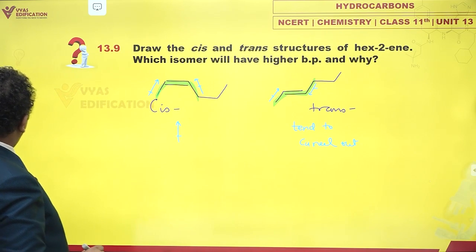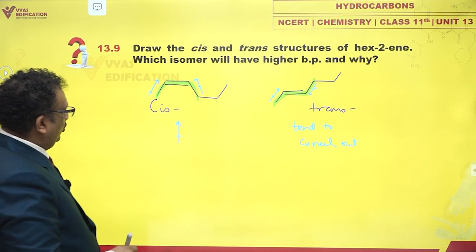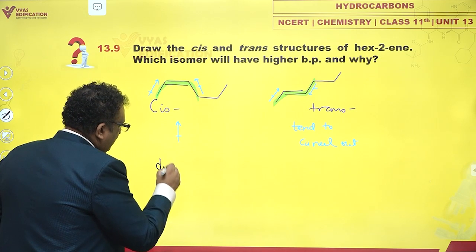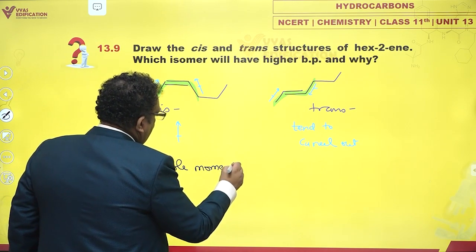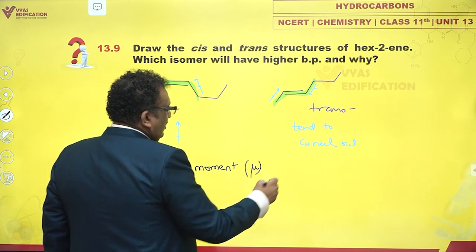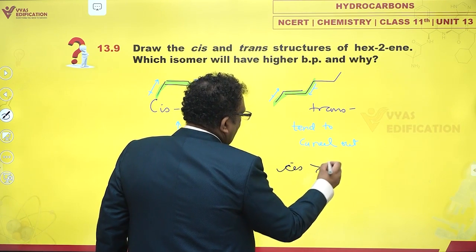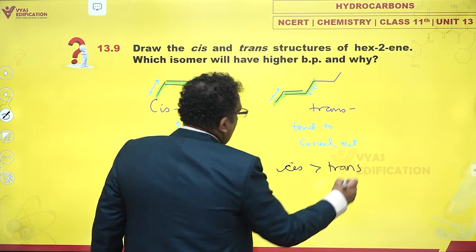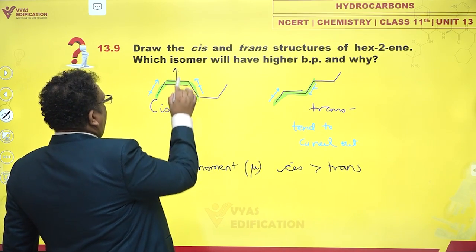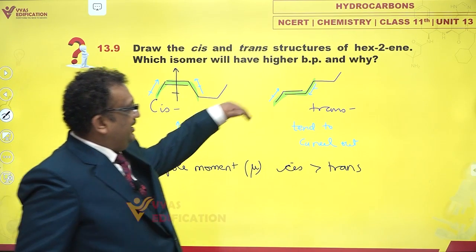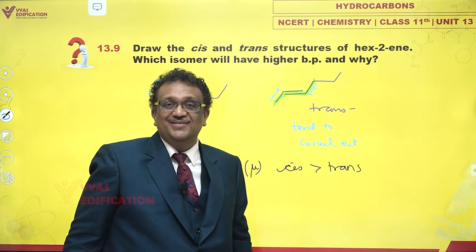So overall, one thing you can say for sure, that the dipole moment mu for cis is more than trans, because the dipole moment, because of both the alkyl groups, tends to add up in the case of cis and it tends to cancel in the case of trans.